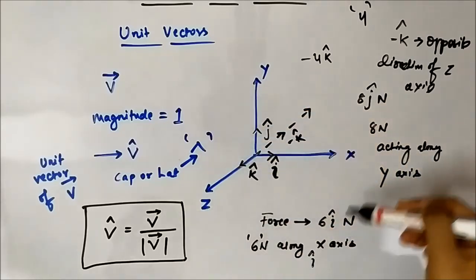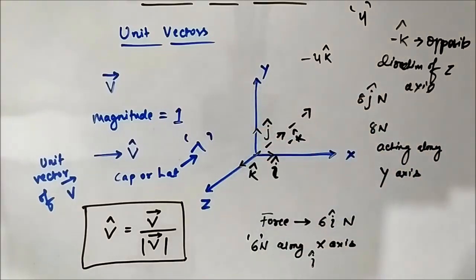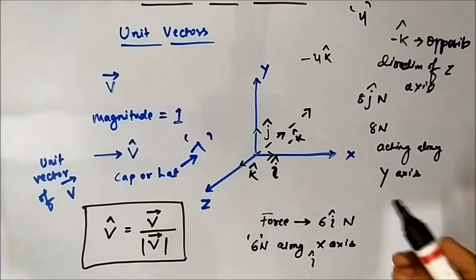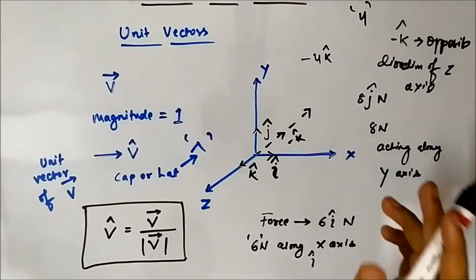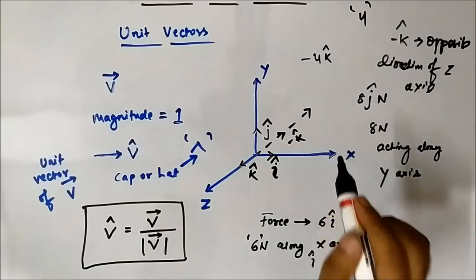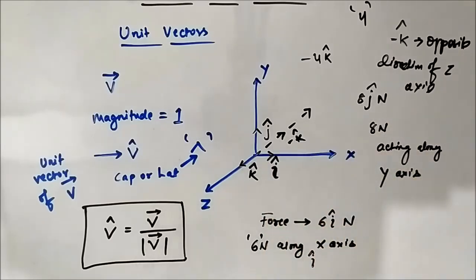And we have this system of representation for denoting the direction of the vector along the 3 coordinate axes x, y and z, which is I cap, j cap and k cap respectively. So this is all about unit vectors in relation to vector quantity.